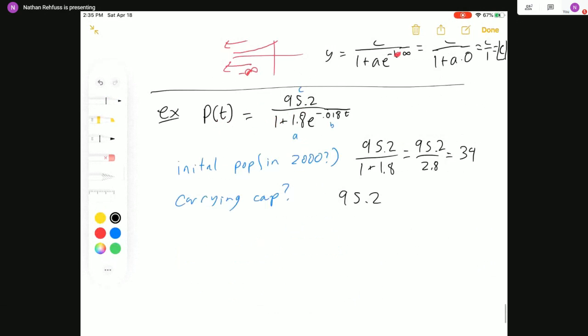Let's do one more thing. When will California have 68 million people?